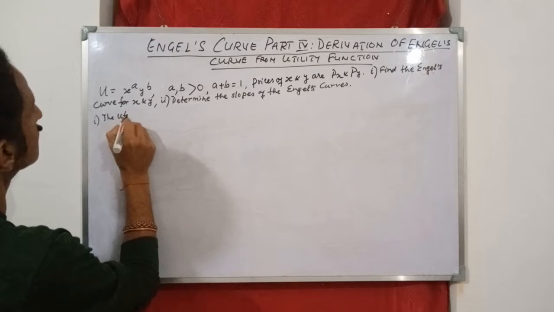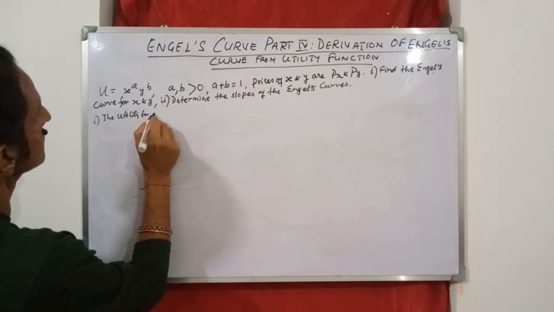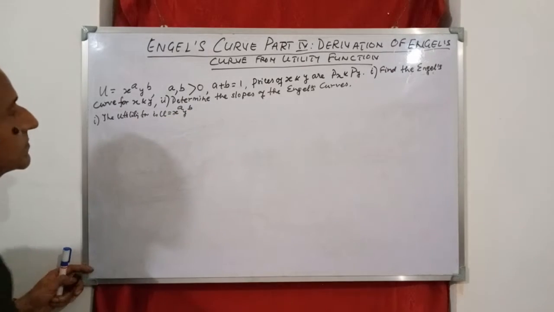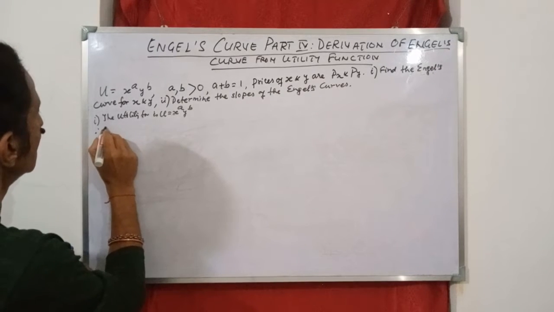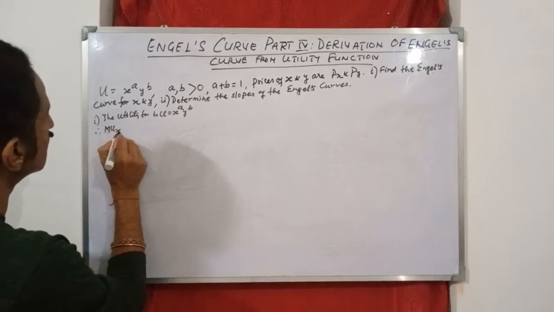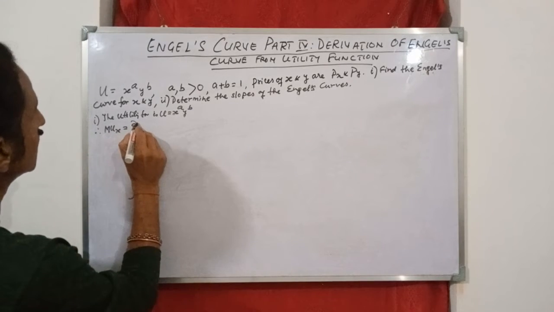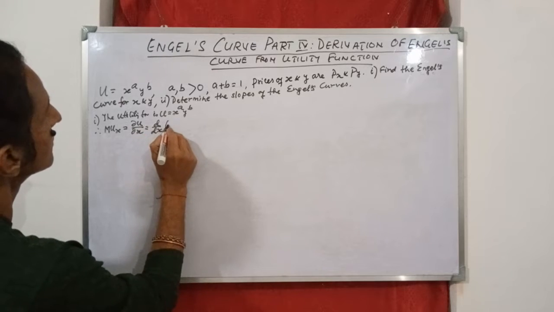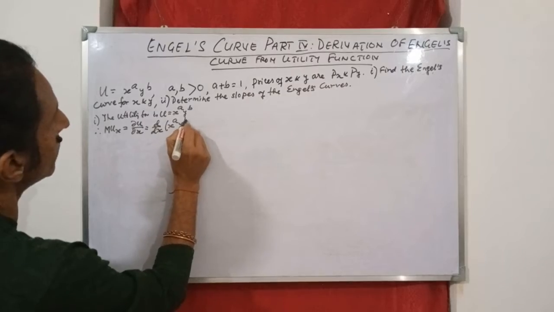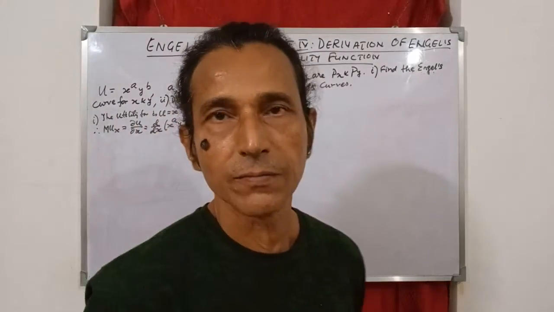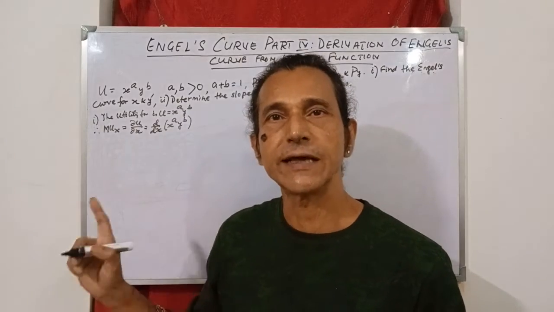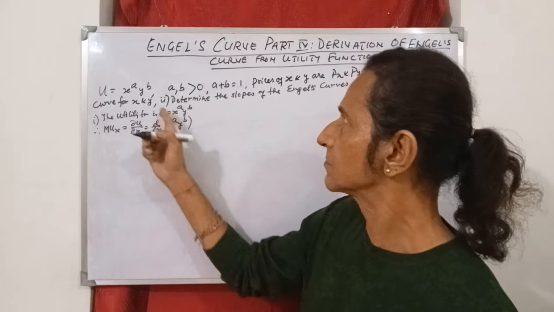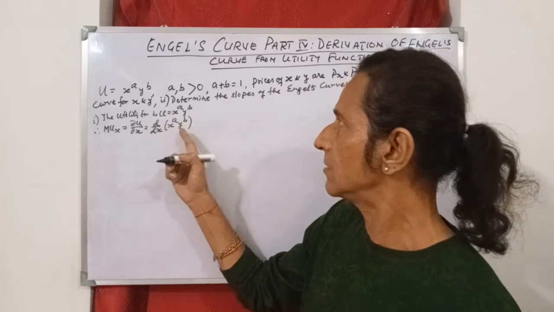The utility function is u equals x to the power a y to the power b. Therefore, marginal utility of x, that is mu sub x, equals del u del x, that is d/dx of the utility function x to the power a y to the power b.